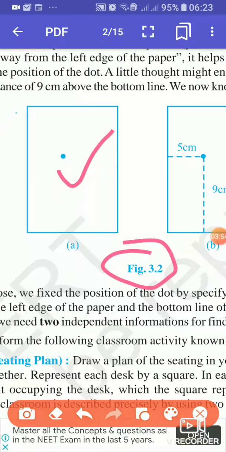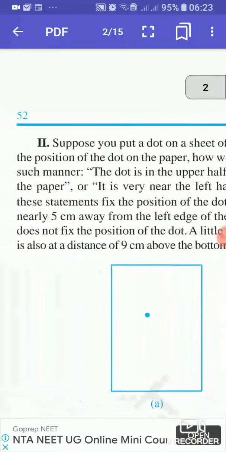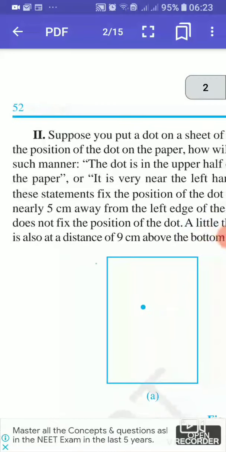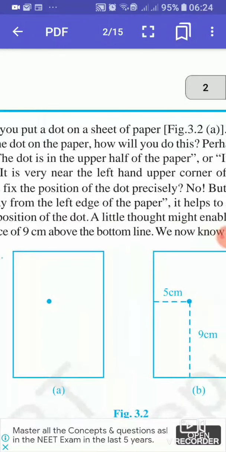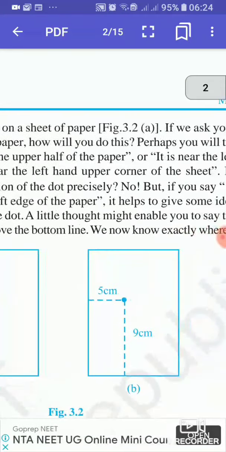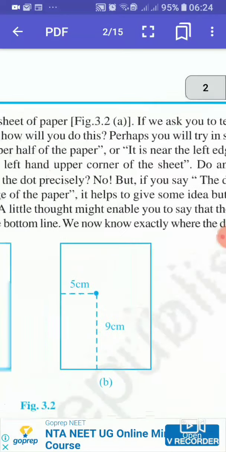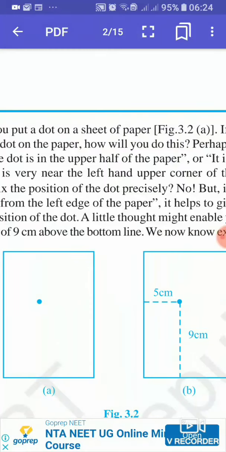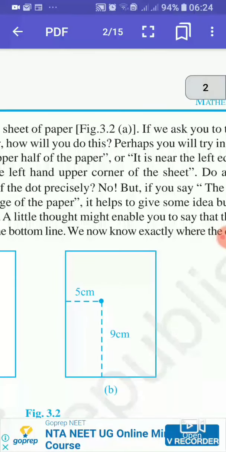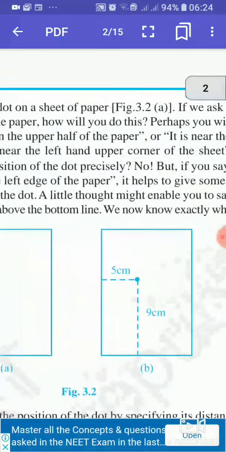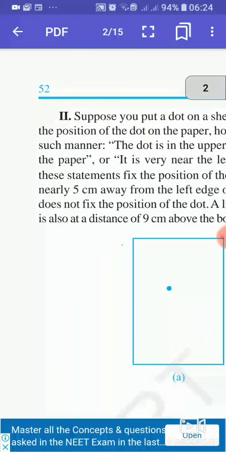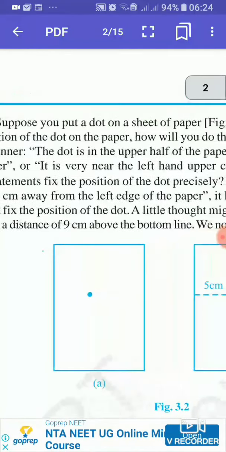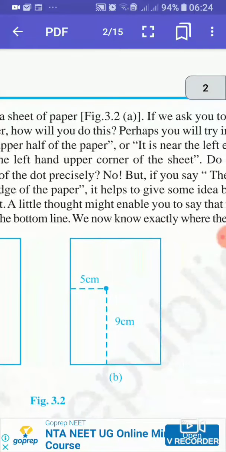If we ask you to tell us the position of the dot on the paper, how will you do this? Perhaps you will try in some such manner: the dot is in the upper half of the paper, or it is near the left edge of the paper, or it is very near the left-hand upper corner of the sheet.